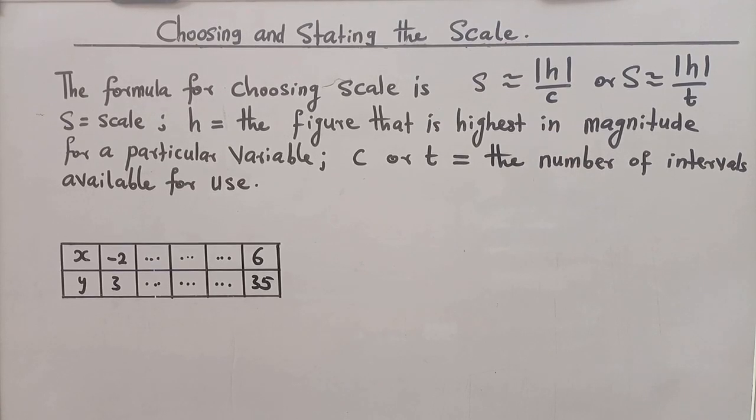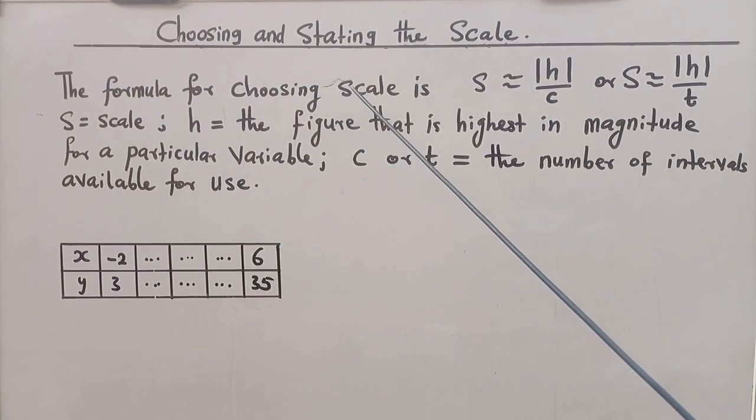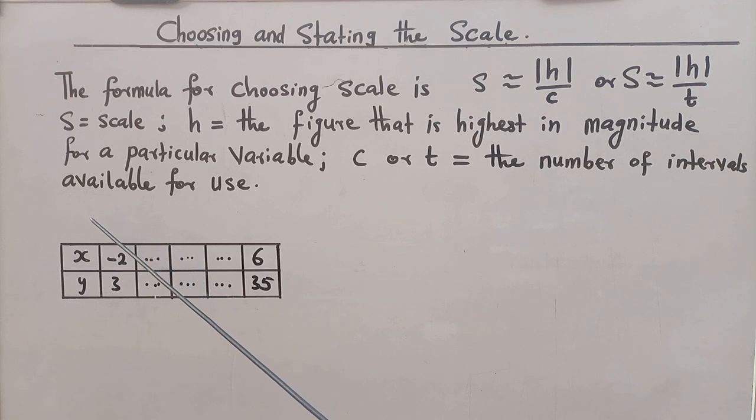So far, let us look at the formula for choosing scale. This formula is needed because the scale that I used in plotting a particular graph will not be used in plotting all graphs. The table determines the type of scale you're going to make use of.